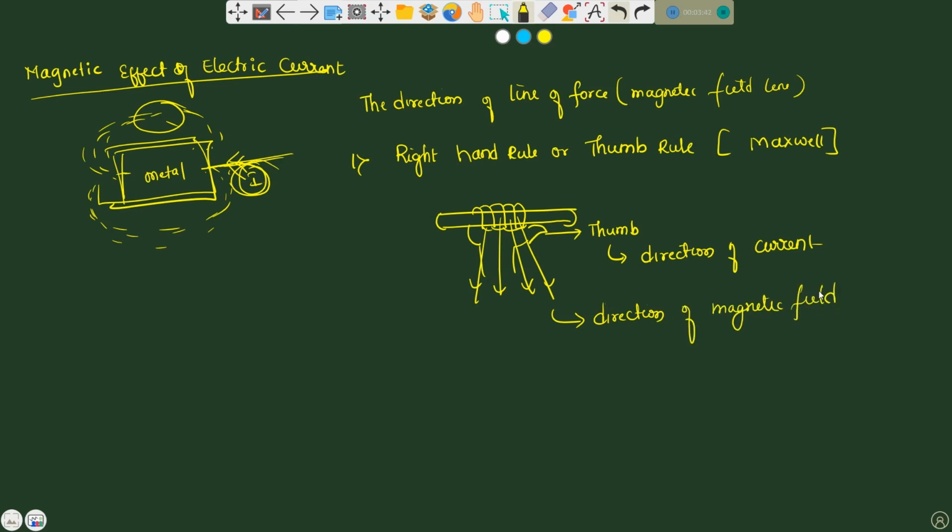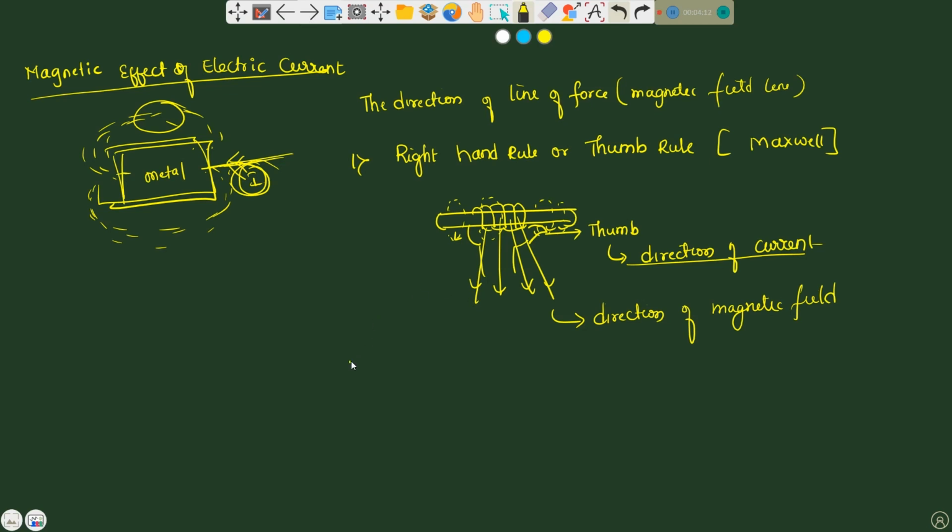The thumb indicates the direction of current, and the fingers indicate the magnetic field around the conductor. This is how the magnetic field lines surround the current carrying conductor.